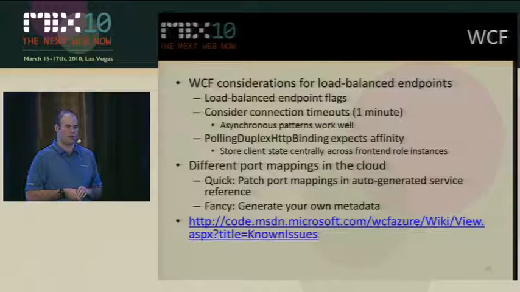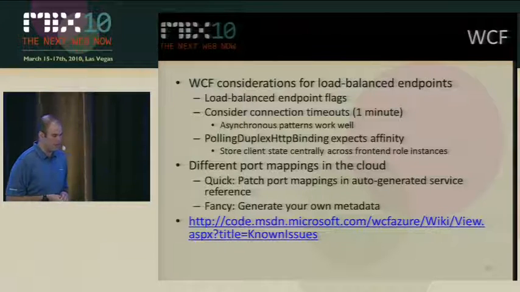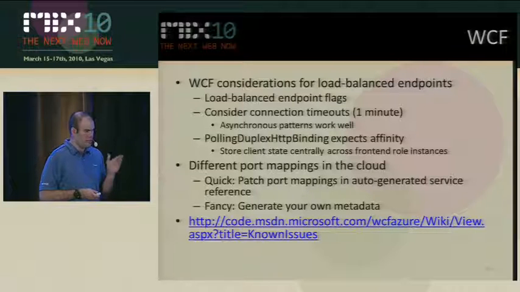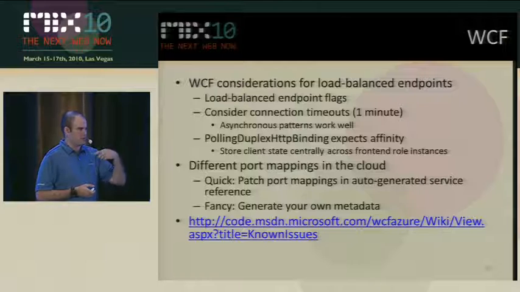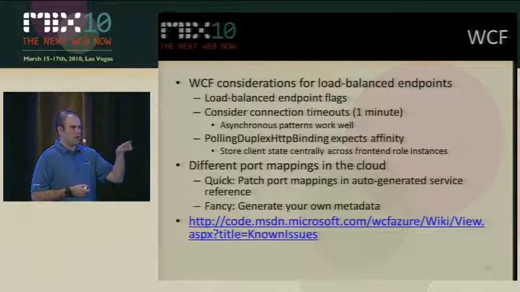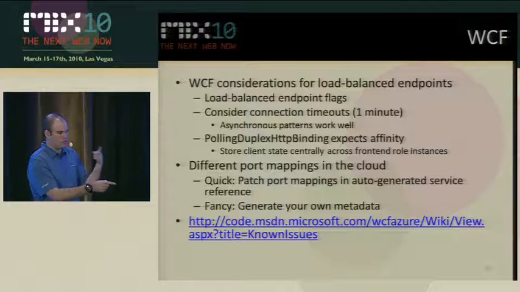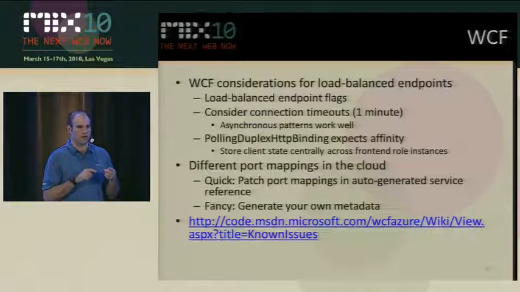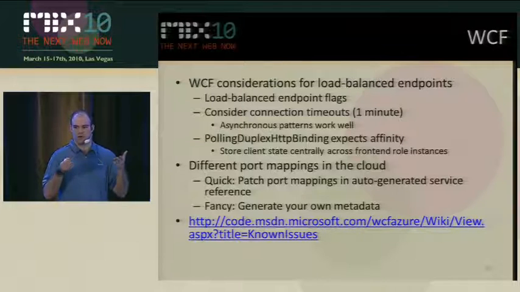But the asynchronous pattern is pretty nice, and it also works well in terms of scalability. Finally, there are some bindings in WCF where the client continually pings the server. This particular one, the duplex HTTP binding, would be used if you had a chat application or a stock ticker or something like that, where you want the illusion of server push, but it's the client that's doing the polling.